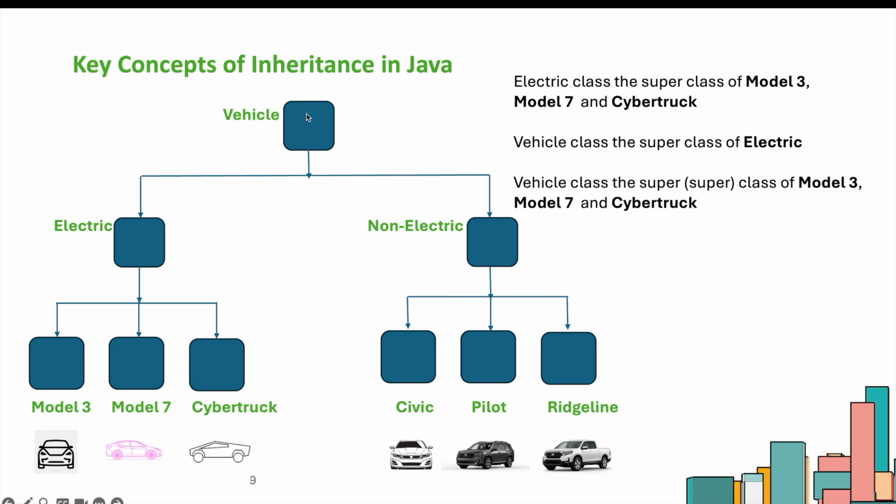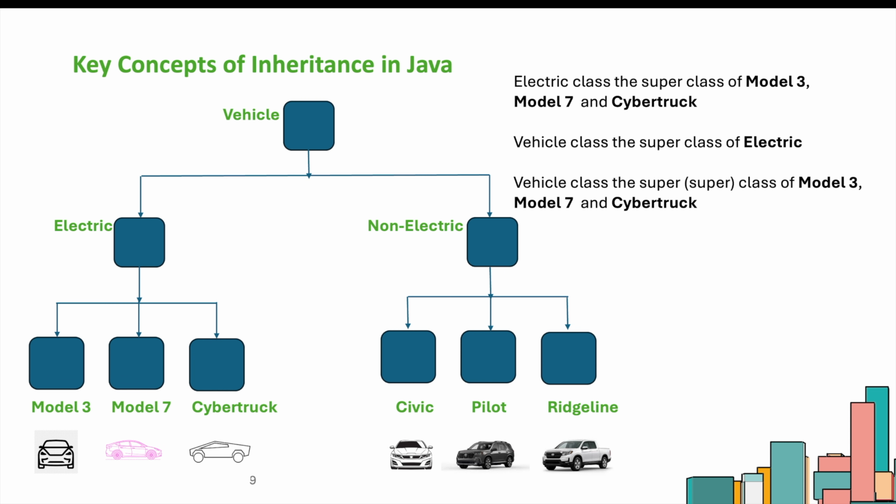So it will go all the way through all the superclasses and come back and create the configuration for Model 3. When creating an object, every class will call super, meaning the superclass constructor, and get the behavior from the superclass and create an object for the current class.